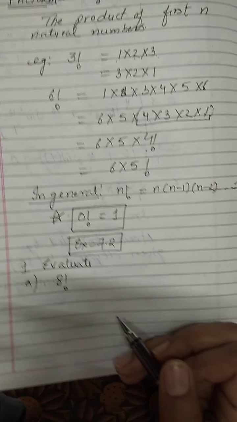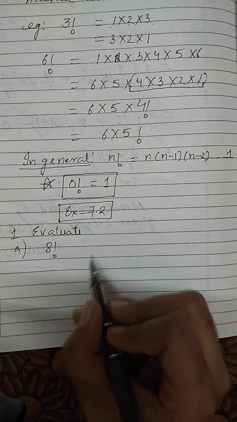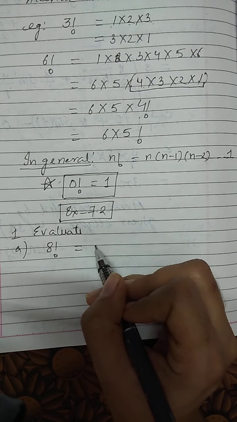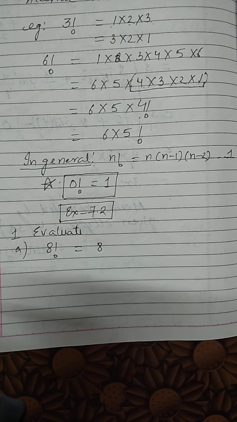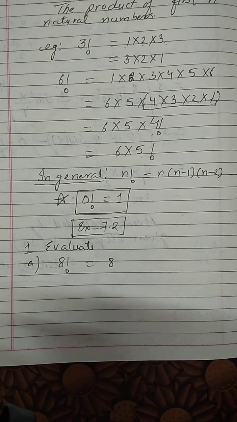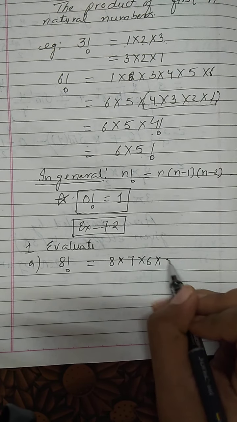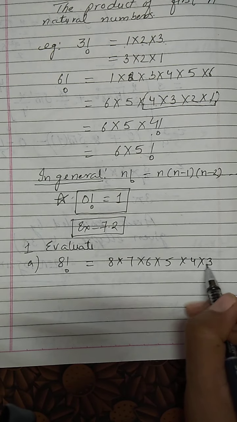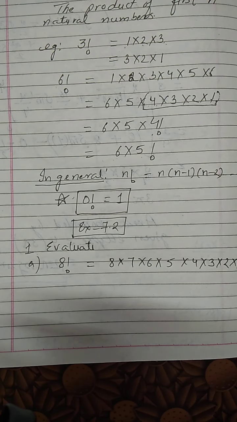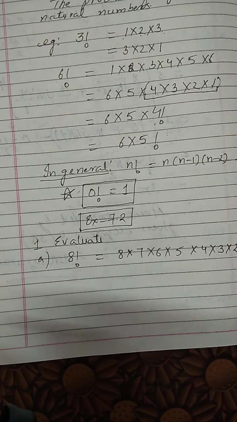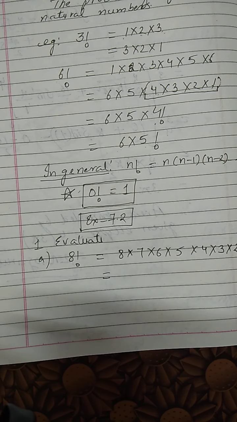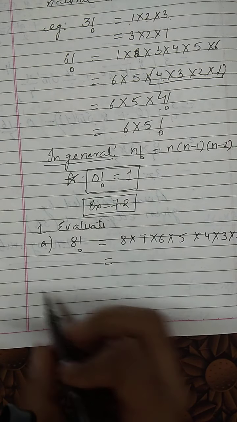Now what will be 8 factorial? 8 factorial means the product of first 8 natural numbers, that is 8 into 7 into 6 into 5 into 4 into 3 into 2 into 1. So we can all do this calculation, and whatever answer is there you can write that.